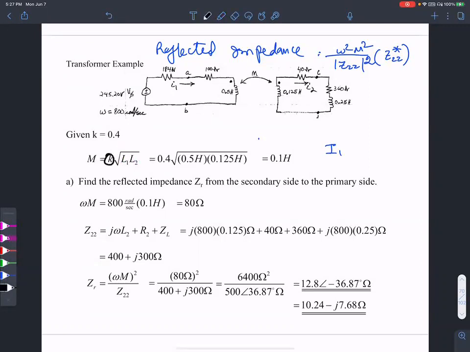We should be able to find K if three of these are given, or find the unknown from the known values. Then find the reflected impedance is the question. We should be able to apply that formula. First find Z22, and then omega squared M squared by Z22 will give us the Z reflected.